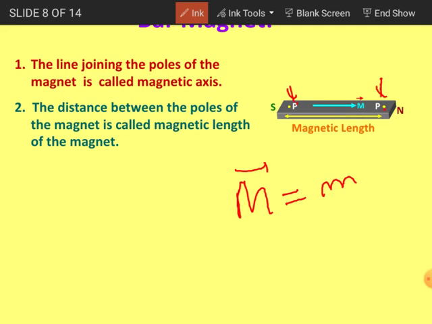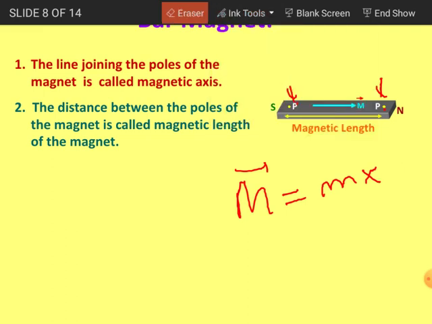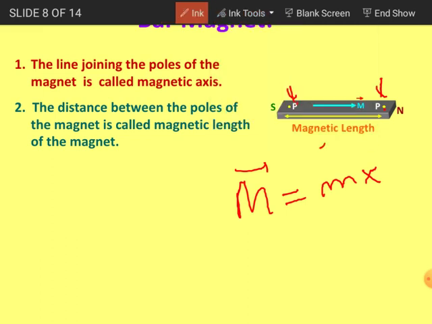Got it? So the magnitude of the magnetic pole strength times the magnetic length, denoted by L, the length from one pole to another pole, is what we call the dipole moment.